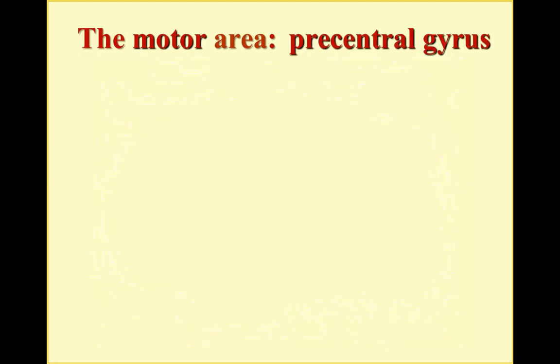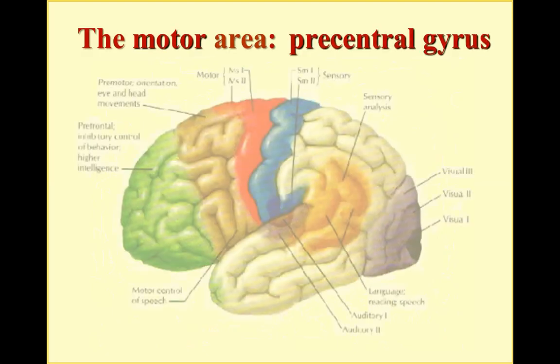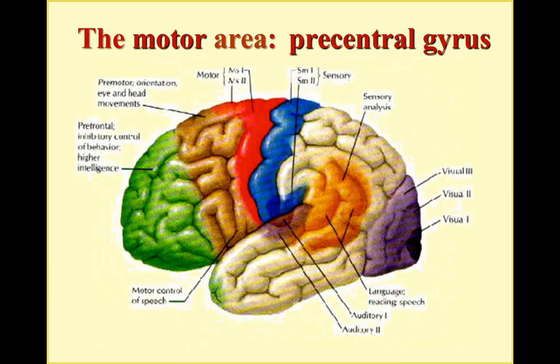But again, let's consider the motor area more deeply. This slide should be familiar, but anyway, we need to look at it again. Between the frontal lobes and parietal lobes, there is a central sulcus that divides the brain. Behind it is the postcentral gyrus, and anteriorly is located the precentral gyrus, which is exactly the motor cortex.